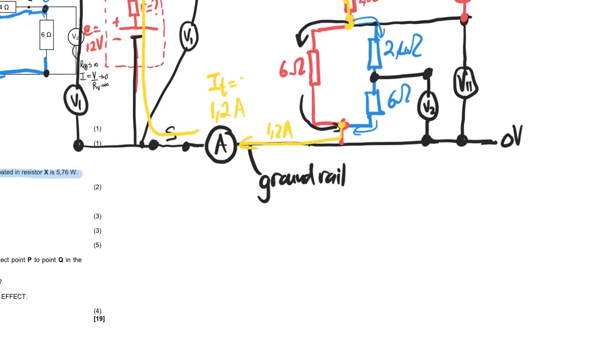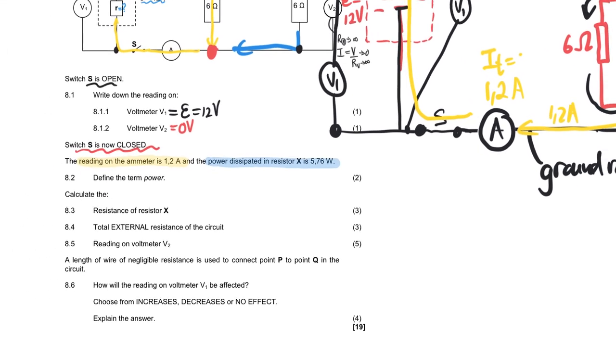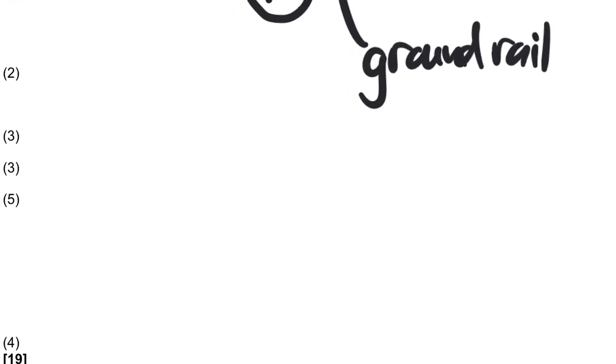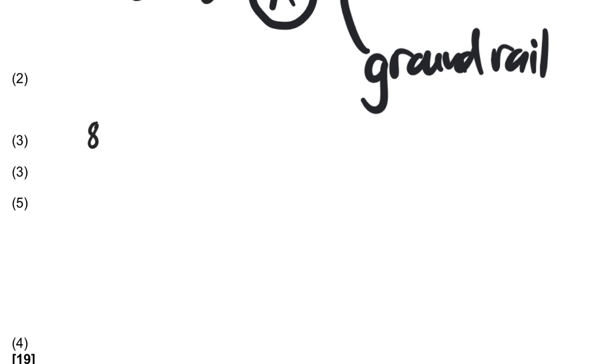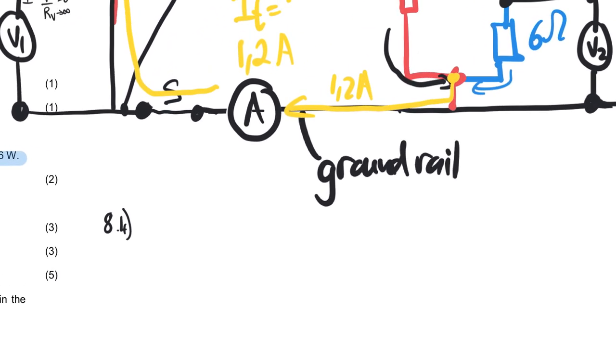So we're going to do that. We're now working on 8.4. When we look at the 2.4 and the 6 ohm, we can say, let's call it R right.